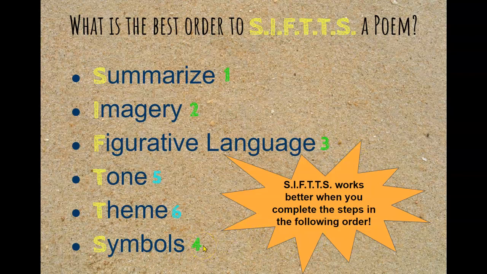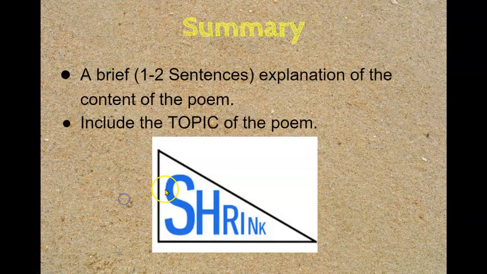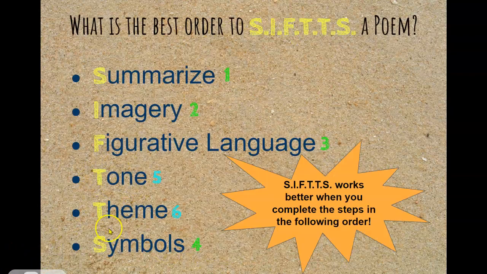And then finally, once you've found and identified those, come back and identify the tone or the author's attitude toward the subject of the poem, and then identify a theme or message that you notice in the poem. The reason for this is because imagery, figurative language, and symbols all lead to the tone of the poem, and the tone of the poem will often give you ideas about the theme.